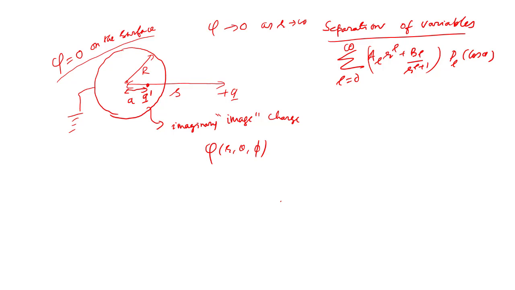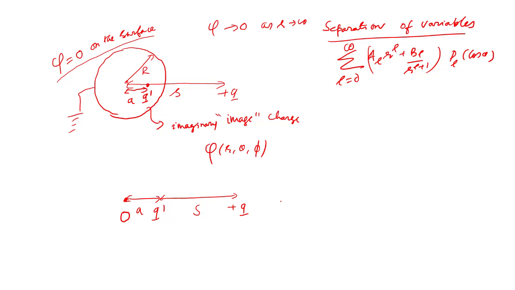So then our image charge situation would look like this: I have the origin at the center of the sphere, and then at a distance a I have q prime, and at a distance s I have plus q, right?